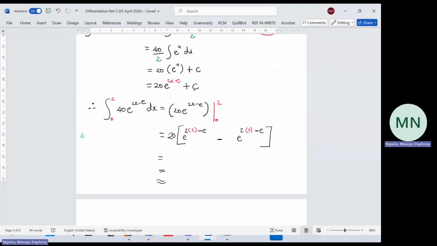I made a mistake. So this is 20 bracket. Inside the bracket, I am going to have 3. I hope I didn't make a mistake. 3.5, 3, 6, 8, 3, 6. There's no need to write the longest number. I'm just doing it.